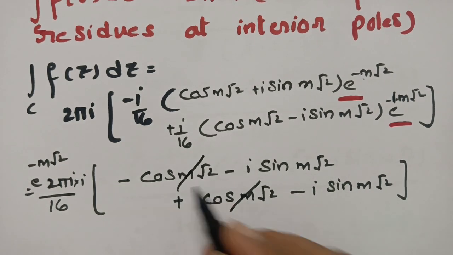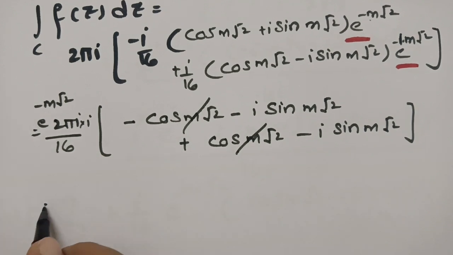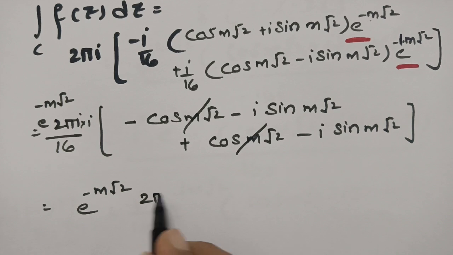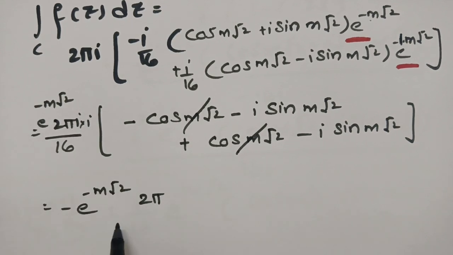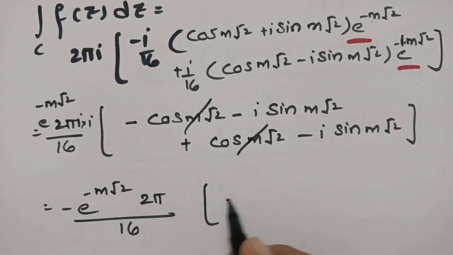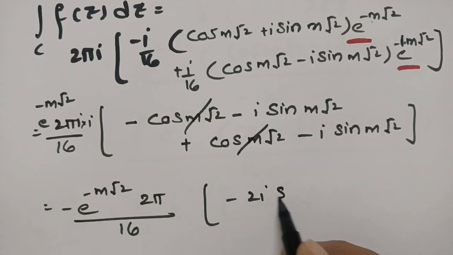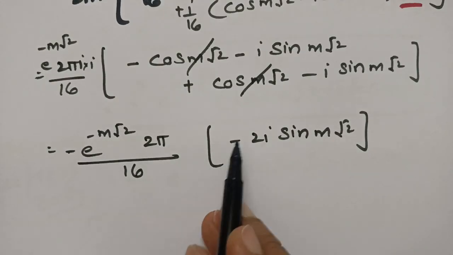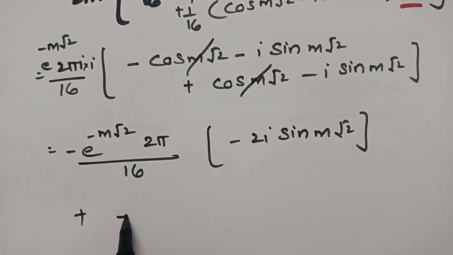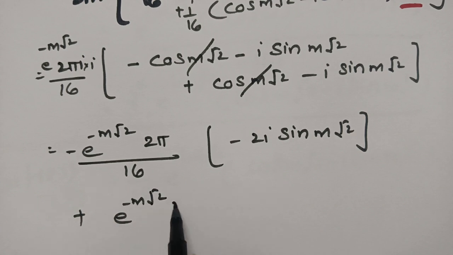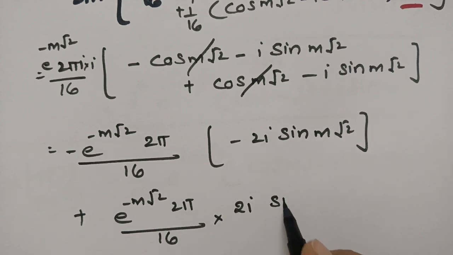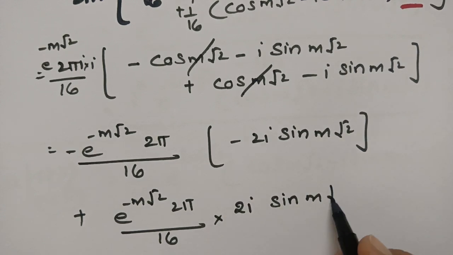Now I can cancel these two, and this will be e power minus m root 2 into 2 pi I square, negative sign by 16 into minus 2I times sine m root 2. See here, minus into minus is plus: e power minus m root 2, 2 pi by 16, and 2I times sine m root 2.